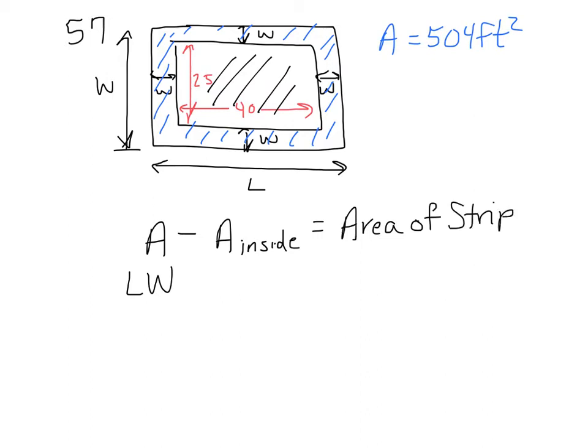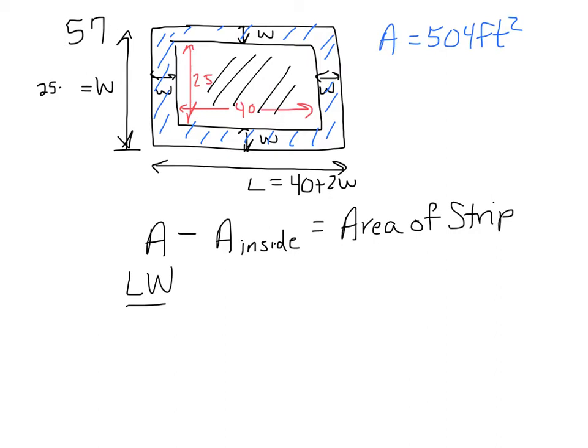Does that make sense? All right, so the big outside area is length times W, but how do we get the big L and the big W? What would those be equal to? The big L would equal 40 plus 2W, right? Because it's the inside 40 plus the two widths on either end. So what would the big W be? 25 plus 2W.